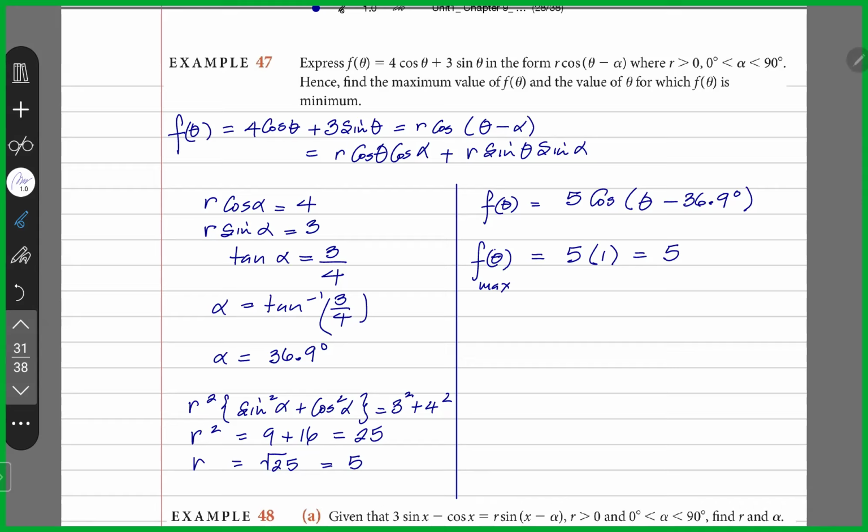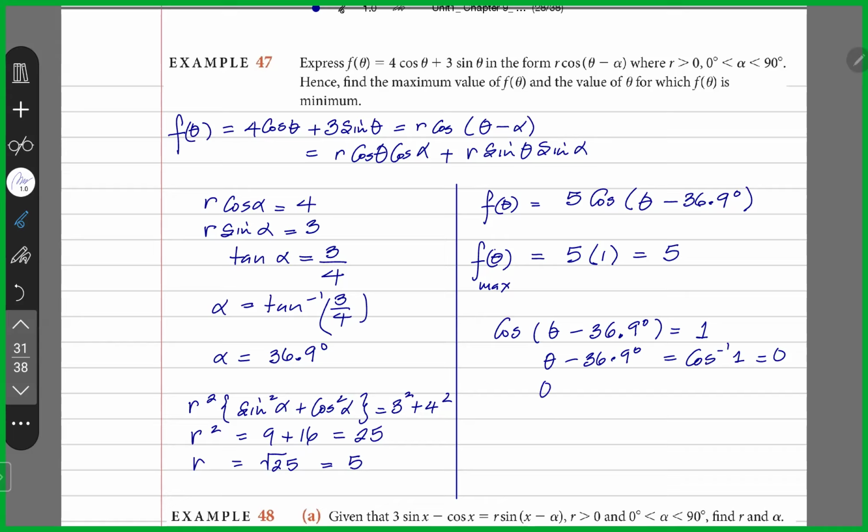Now, what must theta be in order for f of theta to be a maximum? Well, f of theta is a maximum when the cosine of theta minus 36.9 is equal to 1. So theta minus 36.9 is equal to cos inverse of 1, which is 0.